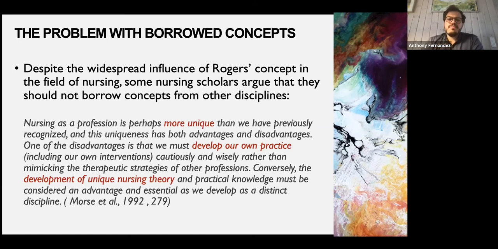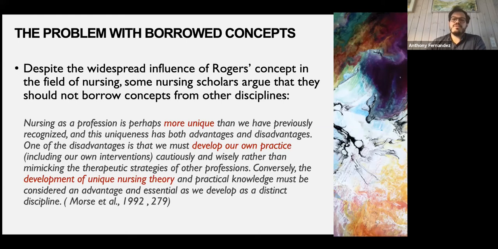So she points out here that, look, there are many cases where another discipline has developed some kind of concept and we might want to take it into nursing, but it turns out that there's something distinctive about nursing that differs from this other field. And because the concept was designed in order to address an issue in that field, the concept doesn't necessarily work when brought into nursing, right?